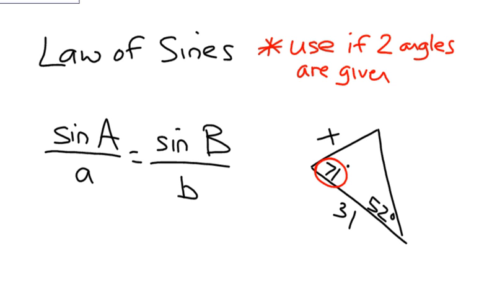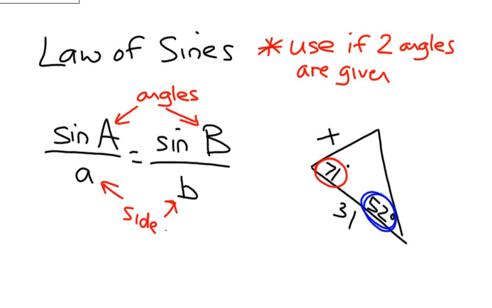If there's two angles in the problem, then use the law of sines. This formula, what it's trying to say is the angles go here. See how you need two angles in order to do it? So the angles go there, and the sides go on the bottom. Now here's the catch. The angles and sides must be opposites.